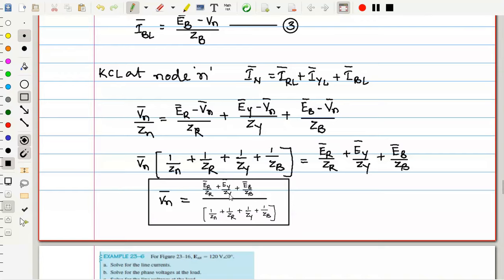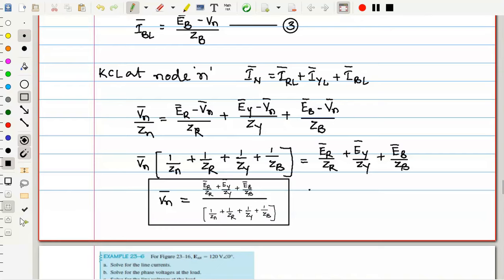Similarly EY by ZY, EB by ZB, divided by the reciprocal sum of all the impedances. What are the impedances? The three phase impedances plus the neutral impedance. Is this clear?